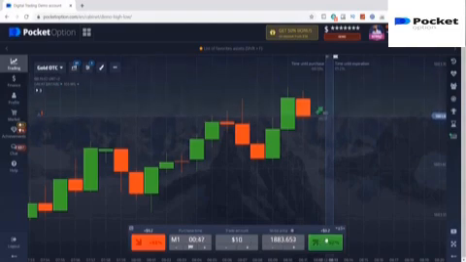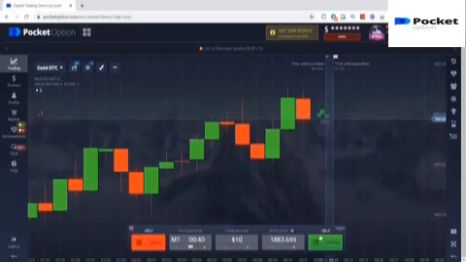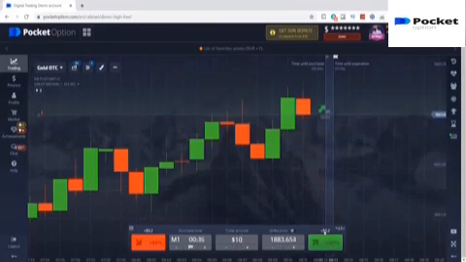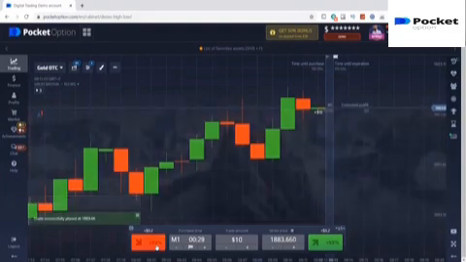Now, as you guys can see, where it says the buy, the green button, and the sell, the red button, it tells you exactly the pair that you're on, the percentage that pair is specifically paying out, and exactly how much you're going to be paid out additionally on top of what you put down. So if I'm looking to get in for a sell, boom, I will click the sell button.